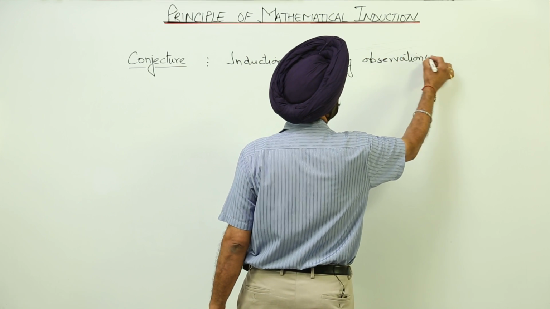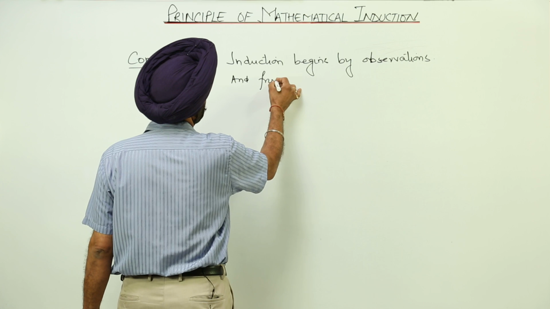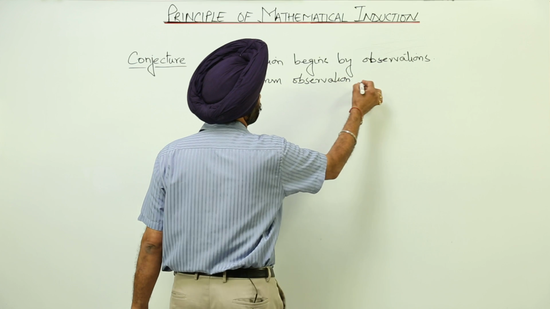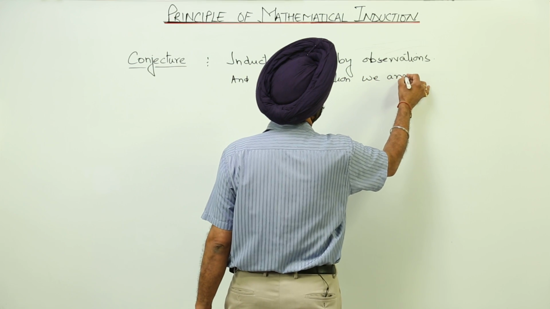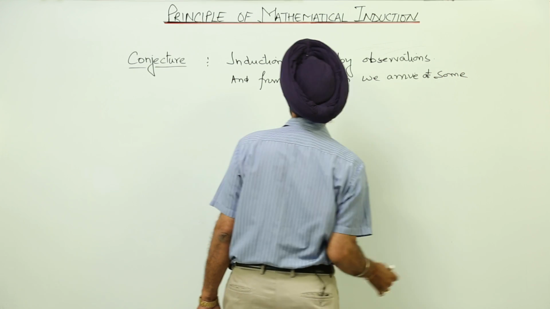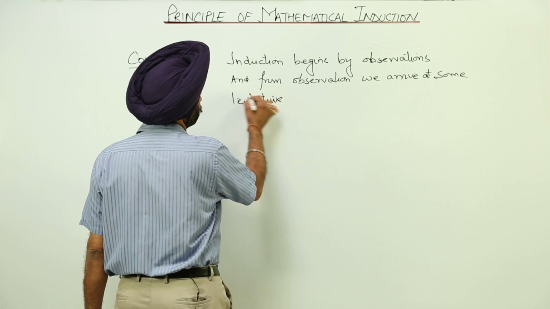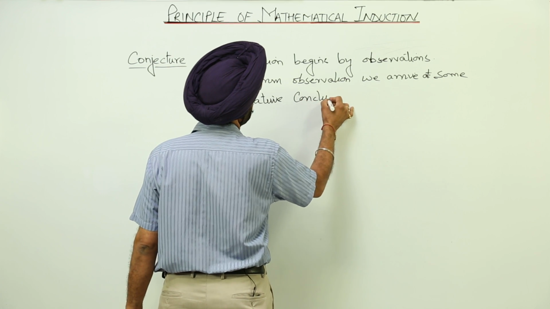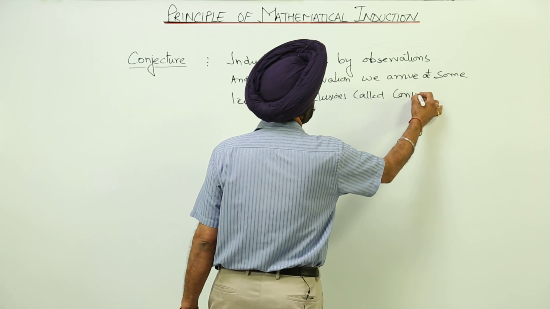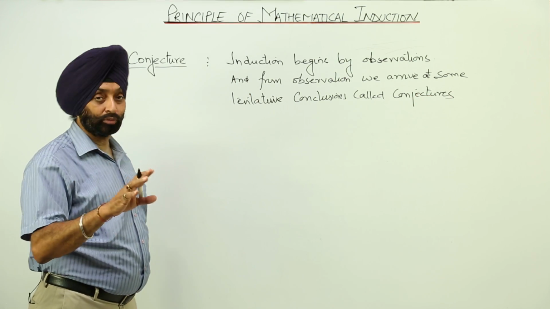We have already discussed these things, and from observations we arrive at some tentative conclusions called conjectures. I am just writing it first, just defining it, and then I am going to explain it.